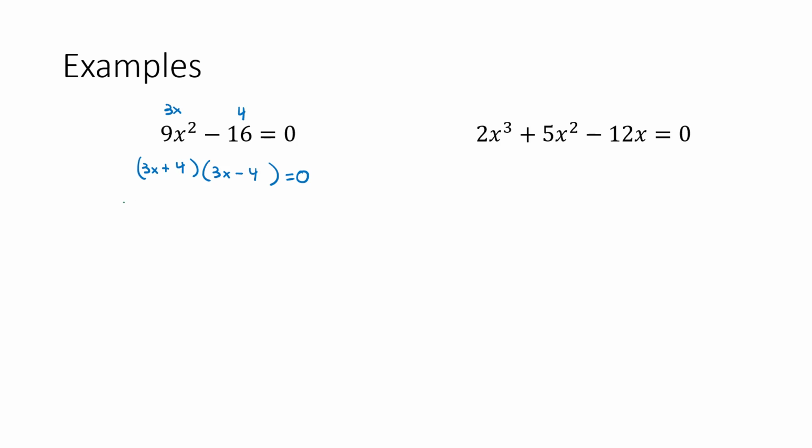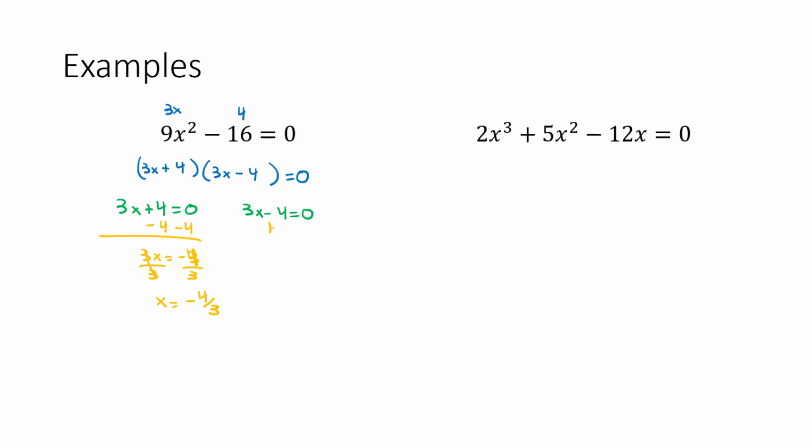Once it's factored, we know we can set each factor equal to 0. 3x plus 4 equals 0, and 3x minus 4 equals 0. And that gives us two linear equations that we can solve. First, by subtracting 4, giving us 3x equals negative 4. Then finally, dividing both sides by 3, and x is equal to the fraction negative 4/3.